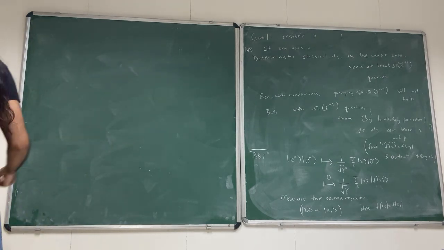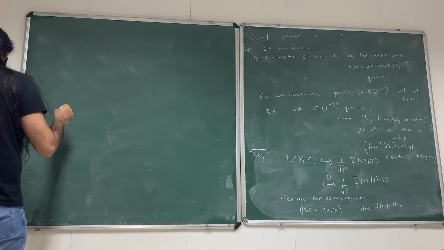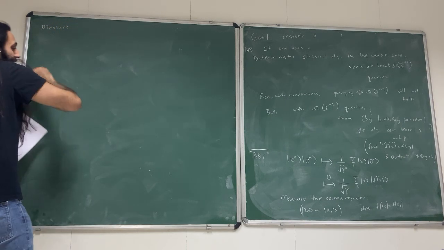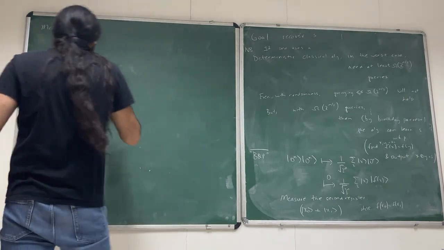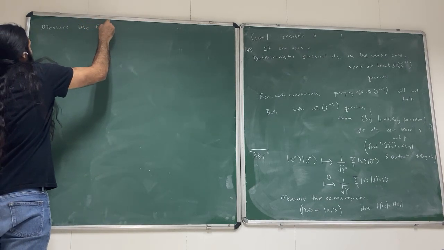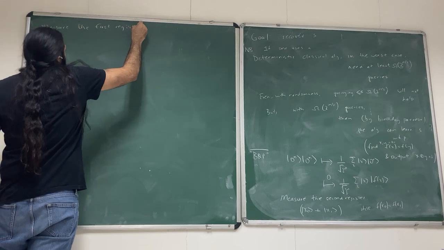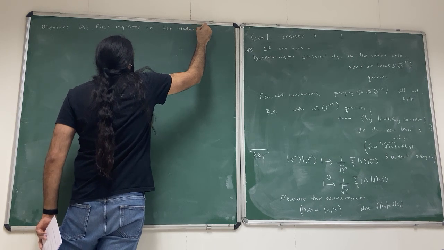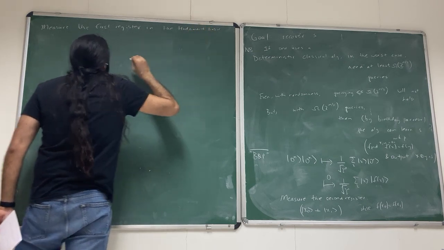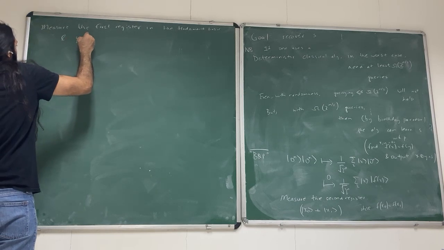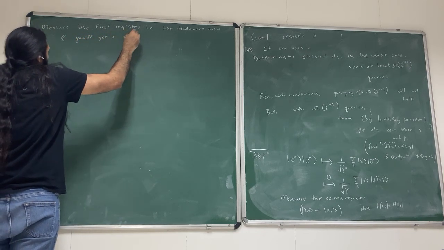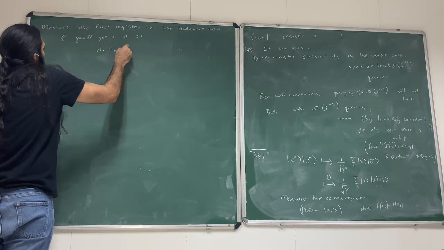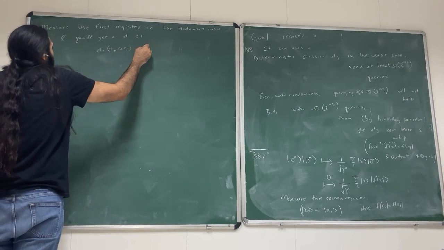And this you can check. You'll get a string y such that y dot (x0 plus x1) is 0.